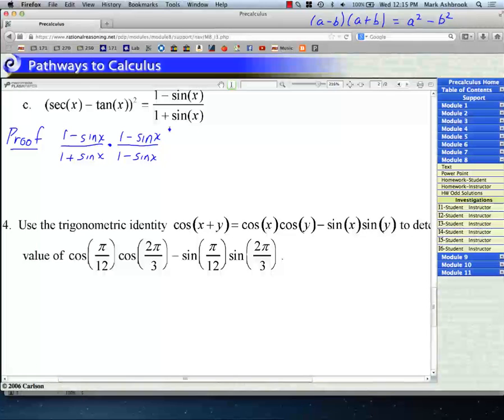So this right-hand side equals this, and so then in the top, multiplying it out, we get 1 minus 2 sine x, don't forget the middle term, plus sine squared x. And what do we get on the bottom? We use our difference of squares: 1 minus sine squared x.